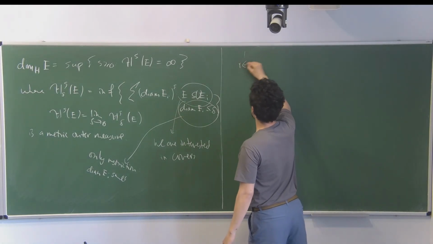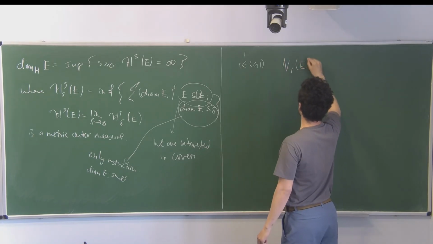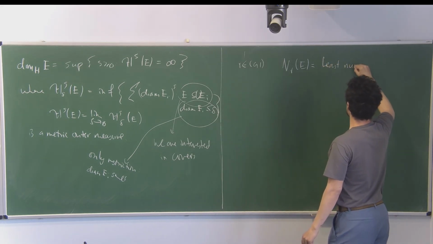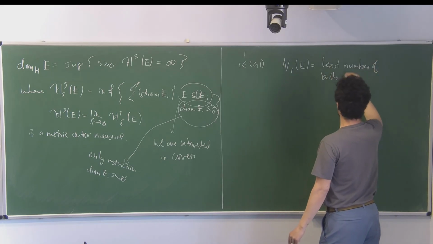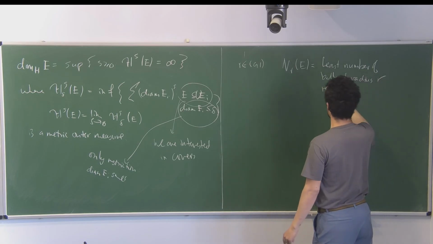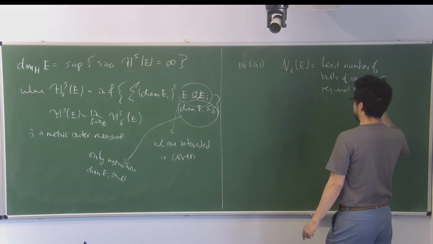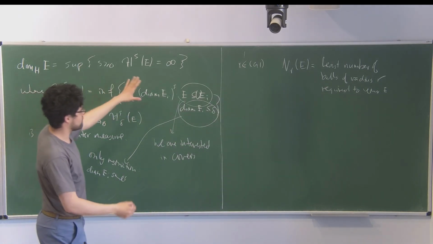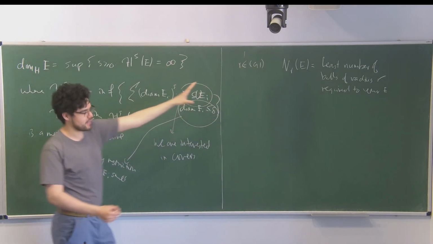Given a number r in (0,1), I'm going to write N sub r of E. This is equal to the least number of balls of radius r required to cover E. So now in this setting, instead of asking for some sort of optimization over all possible covers, we just ask for optimization over covers where all of the balls have exactly the same radius.